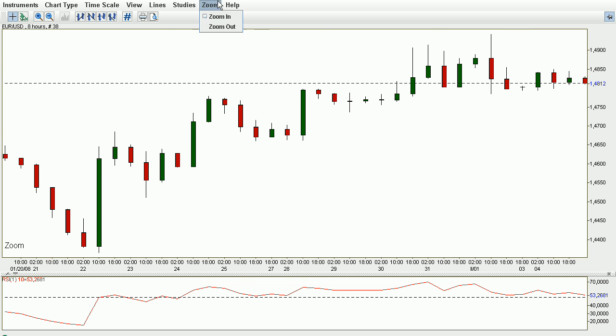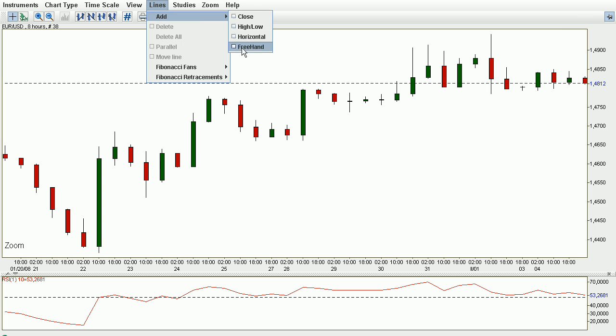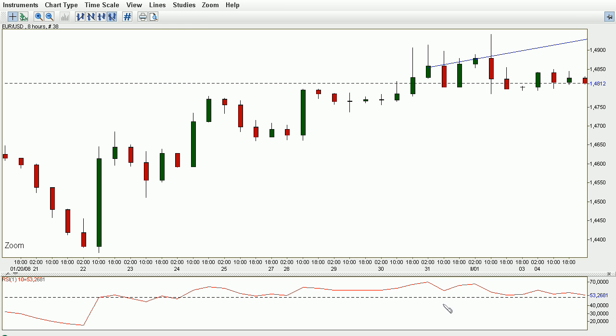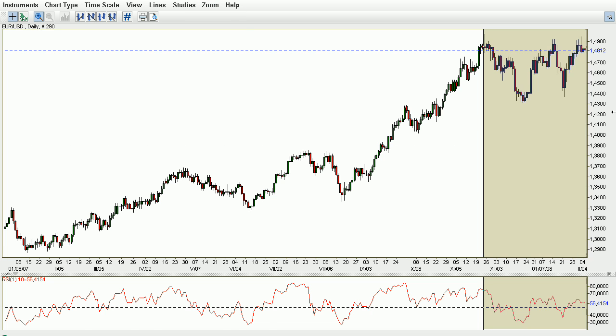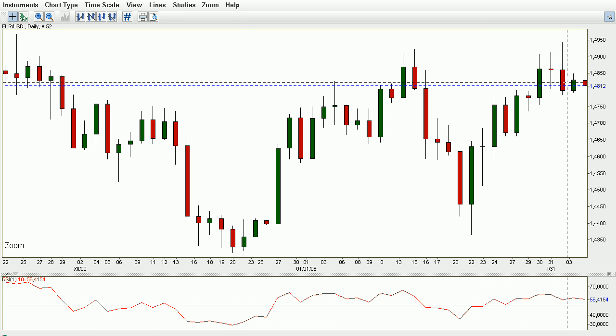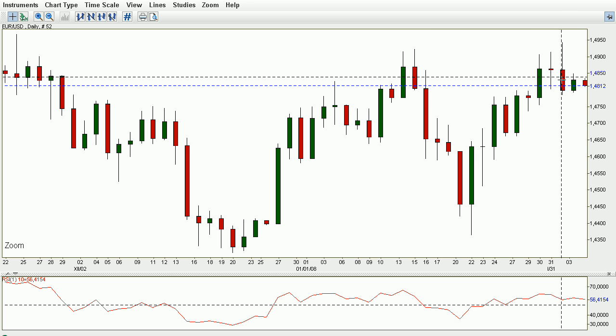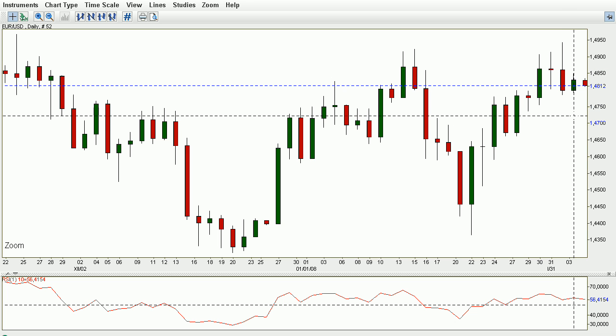We still have this divergence between the relative strength indicator and the price chart, which is still giving us a negative signal, and pretty much this range trading resulted in the daily chart in this small green candle which half covered the previous day's red candle, which is some kind of a bullish signal.